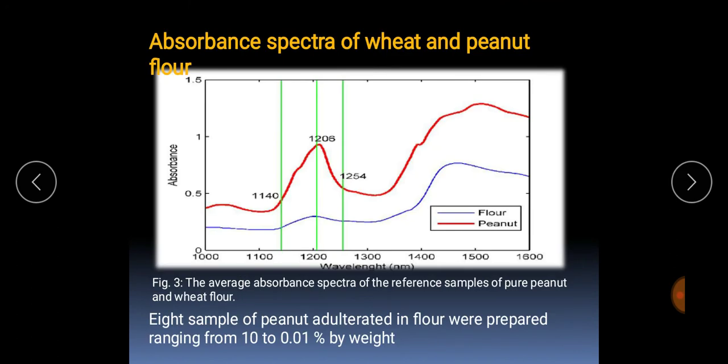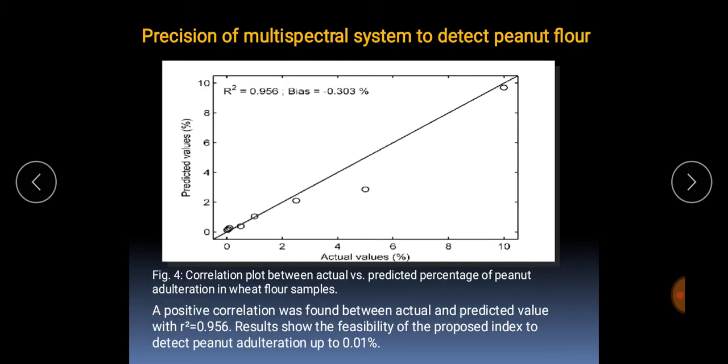Then absorbance spectra of wheat and peanut flour. See, 8 samples of peanut adulterated in flour were prepared, ranging from 10 to 0.1% by weight. So different adulteration levels you can also check with this. Precision of multispectral systems to detect peanut flour: the peanut flour spectrum will be different.